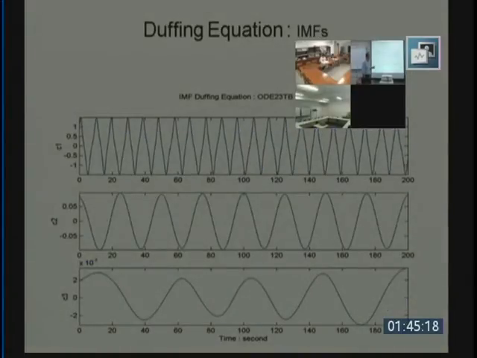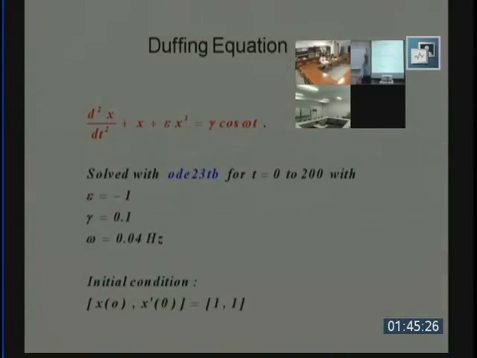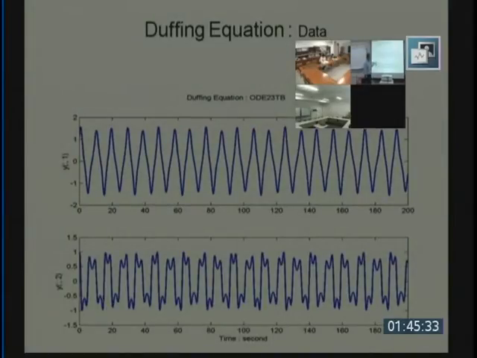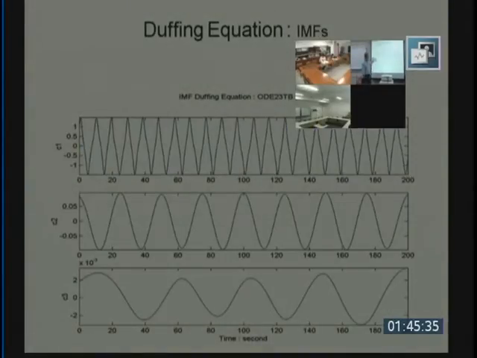What do we decompose out? Constant amplitude, constant amplitude. What is this? This is a cosine function, the forcing function. So out of this signal, we got the cosine forcing function. We get the system oscillation.